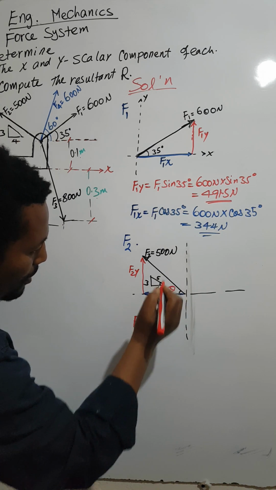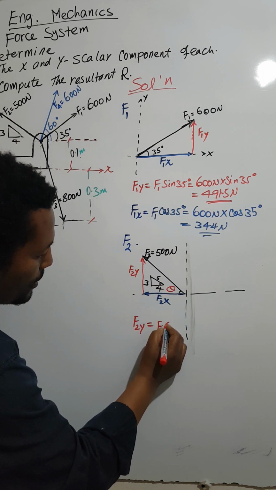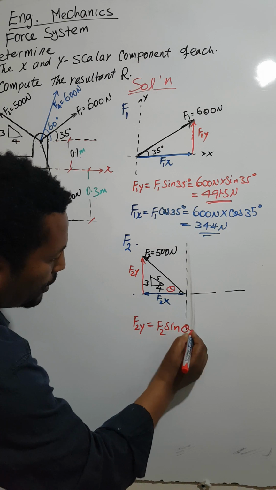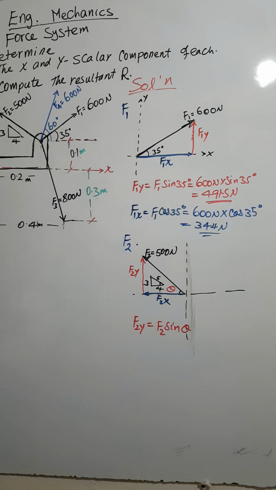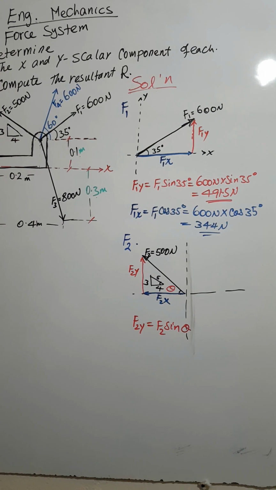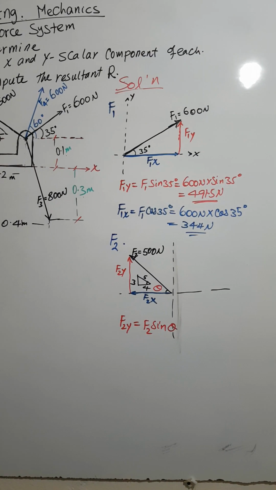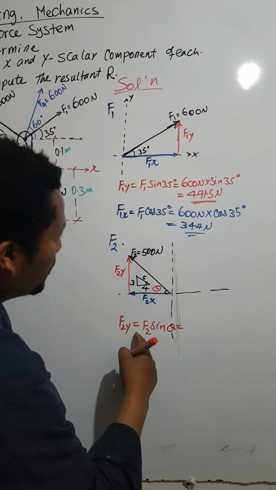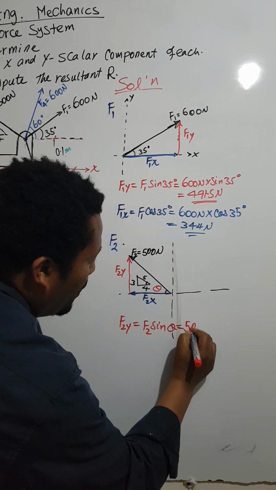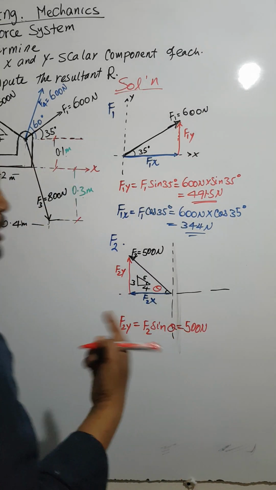Opposite to this angle, theta ነው። F2 sine of theta, okay? F2 sine of theta ይሄ ምን ማለት ነው? This is equal to F2 is 500 Newton, okay 500 Newton times sine of theta.